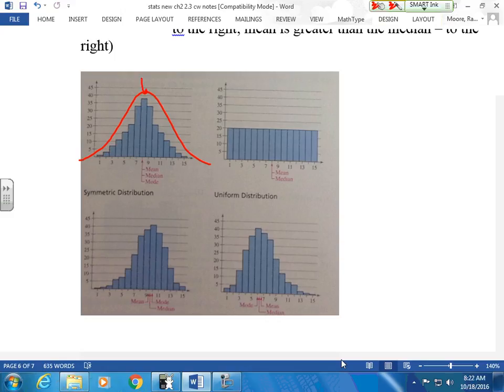This would be the highest bar. It has the highest frequency. That's my mode. That means for this thing, I had 30, I really can't see the numbers, 30 something, maybe 38 frequencies of that. If your graph is symmetric, your mean, your median, and your mode will all fall in the middle of your graph. If this is symmetric.